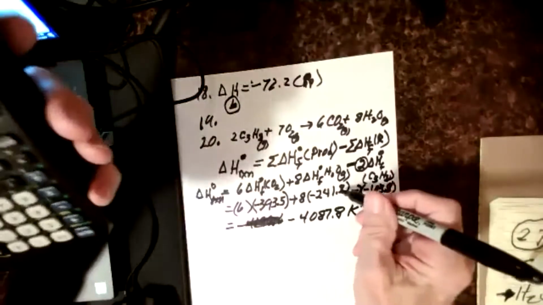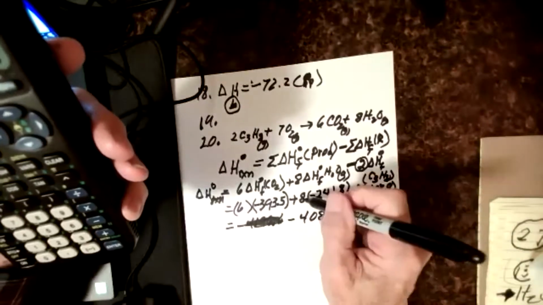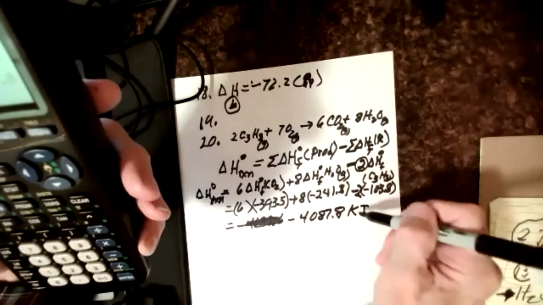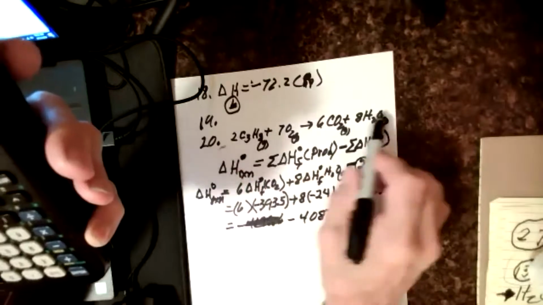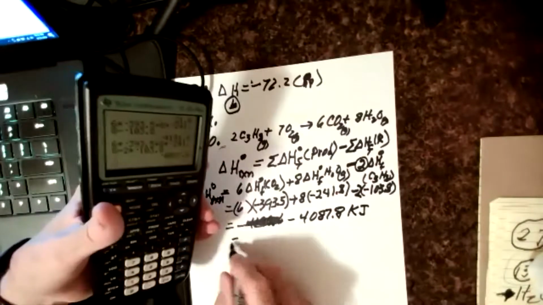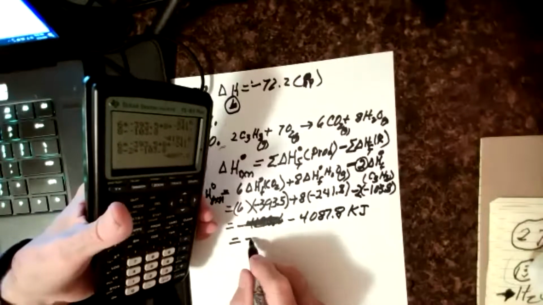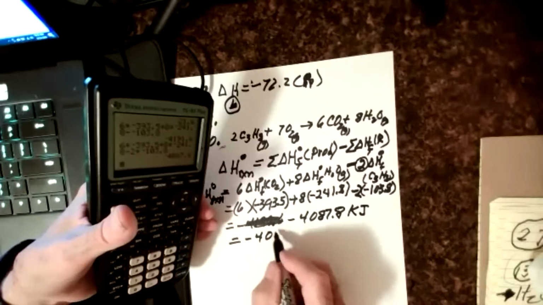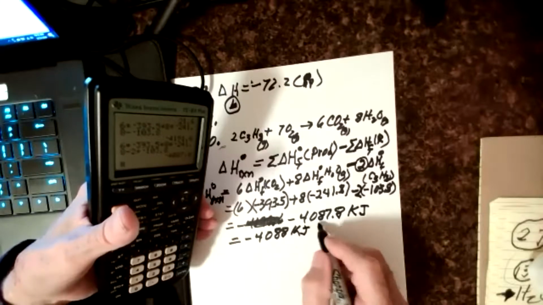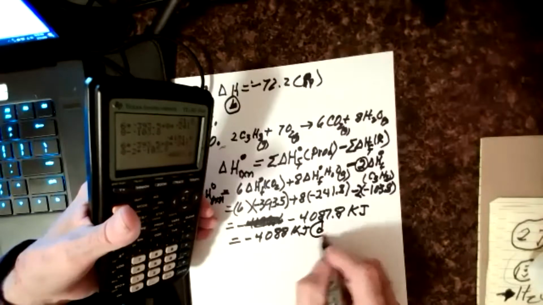Remember, each one of these is kilojoules per mole times the number of moles. So it's going to be kilojoules for the reaction the way it's written. And if I round off to 4 significant digits, I get minus 4088 kilojoules. And that is response D, so we're good.